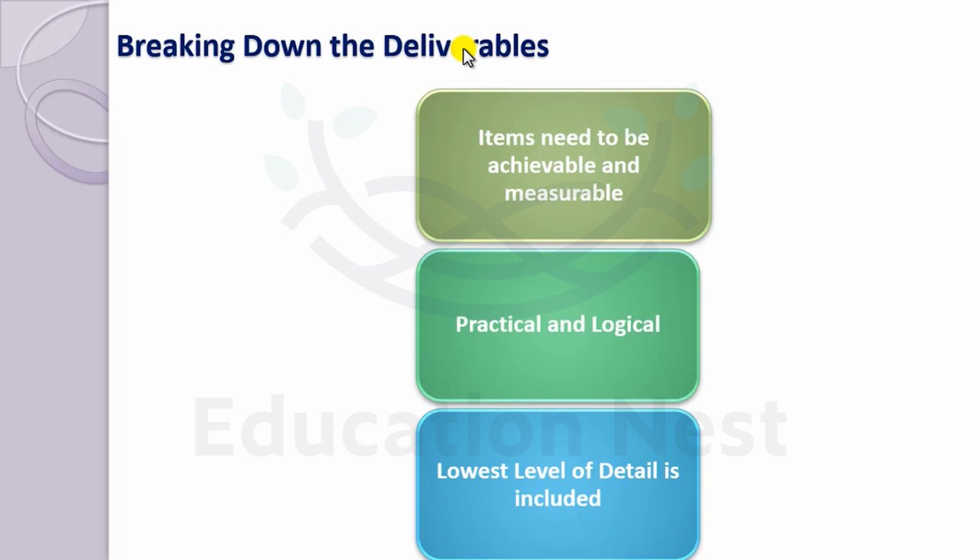I want all of you, at the end of the session, to analyze how you are breaking down the whole chunk of your project into logical and practical deliverables. I'm sure you might be doing it. If you're not, then you have to find out what the lags are.